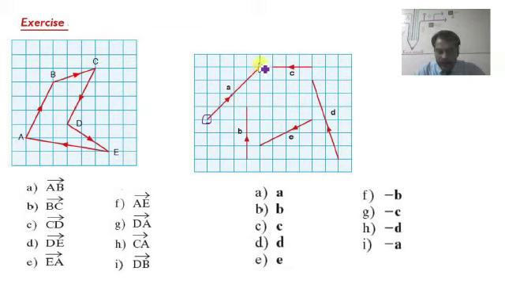So we'll move 1, 2, 3, 4 steps to the right, and then 1, 2, 3, 4 steps in the upward direction. So we can say that the value of vector a is (4, 4).